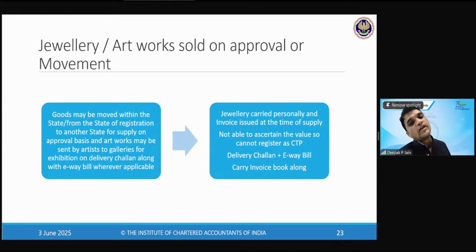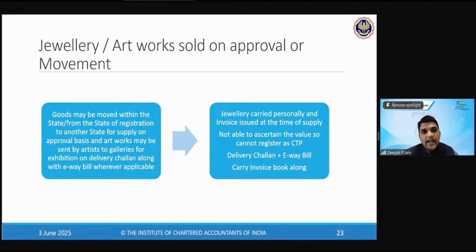Now, in case of jewelry or artwork, you have to carry the goods, because you do not know how much you will supply. So you carry the delivery challan with you. Once you supply it over there, then raise an invoice. So raise a delivery challan, and however much is sold, when you're coming back with the balance, raise a delivery challan for the remaining goods.